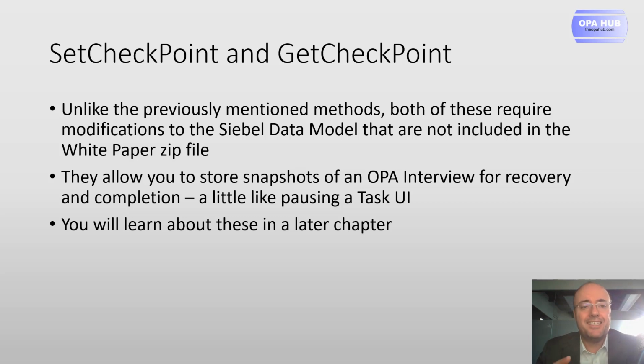They are snapshots. Take a snapshot of an OPA interview before it's finished, and then allow people to recover that and carry on. It's a little bit like Siebel Task UI if you think of the idea of pausing and resuming. Neither of those are implemented in the zip file correctly, so you need to do some extra work, as we'll see.